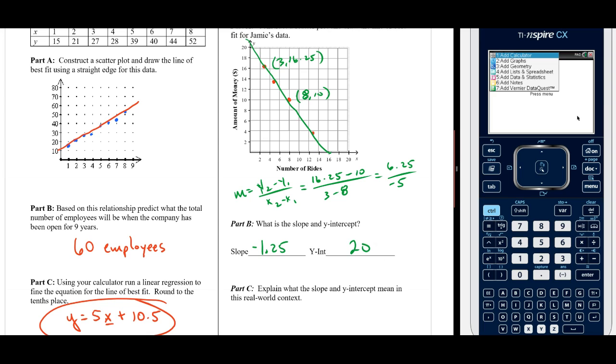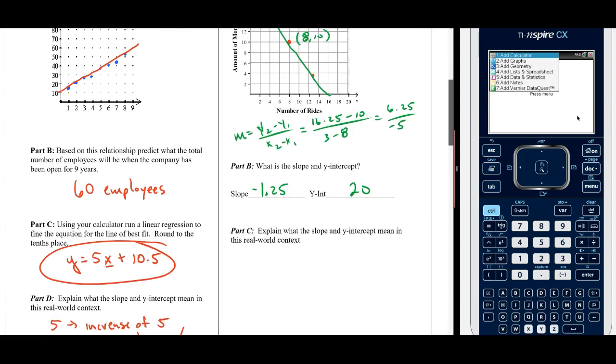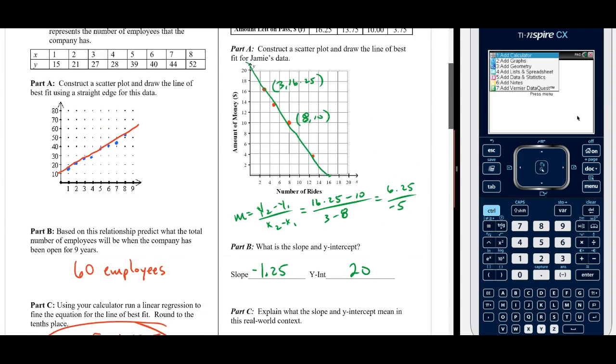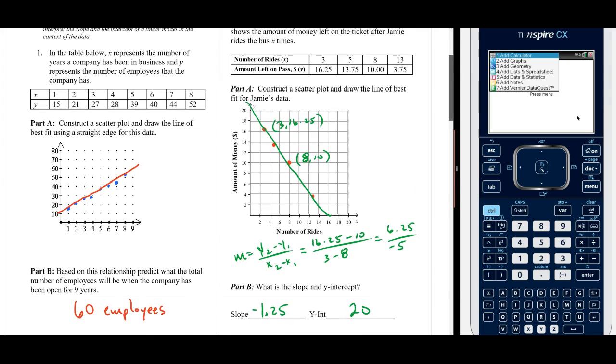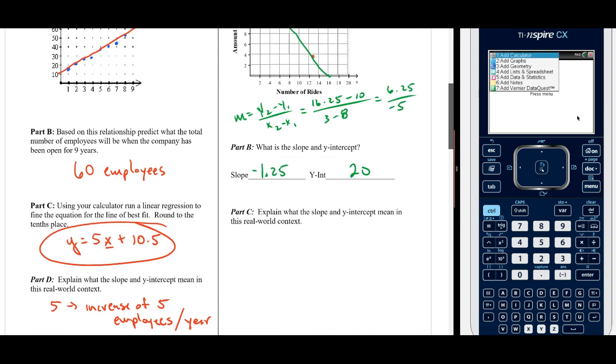So once again, in the context of the problem, what do the slope and y-intercept mean? The slope is the rate of change, which is how much money we are losing every time we ride the bus.